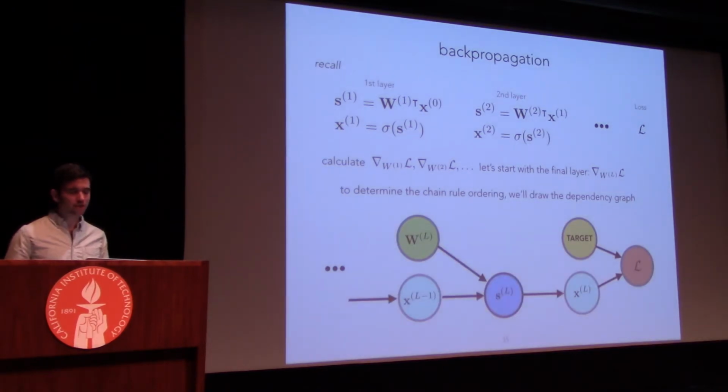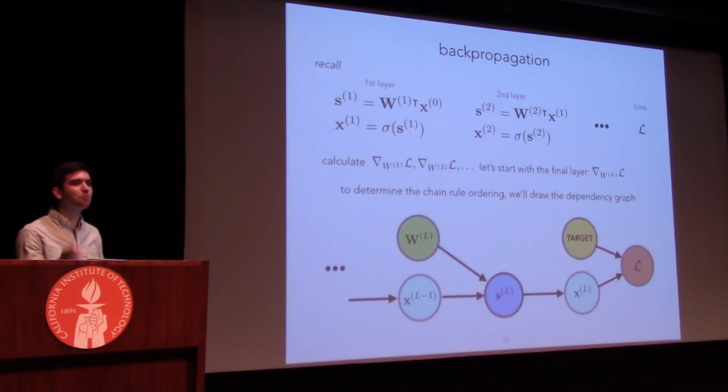Here I can think of taking in x at layer L minus 1 and multiplying it against WL, and then I get the sum at layer L, and then I apply this nonlinearity, and that gets me to x at layer L. And then my loss, if I'm in the supervised setting, is just comparing against some target that I have.